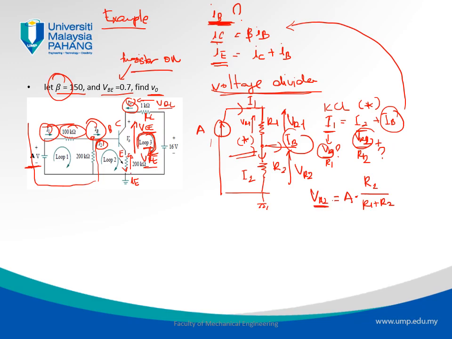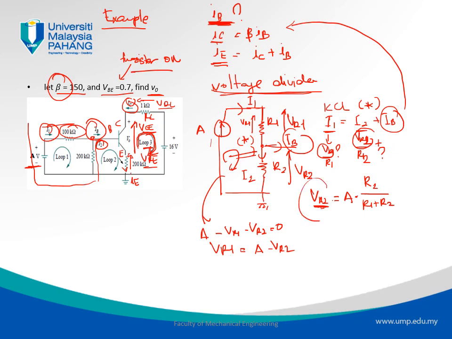So that's VR2. Next, what is VR1? If I write the KVL in this loop, I'll find that A minus VR1 minus VR2 equals 0. That means VR1 equals A minus VR2.